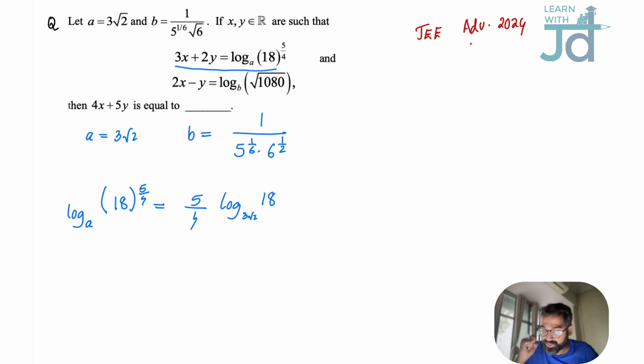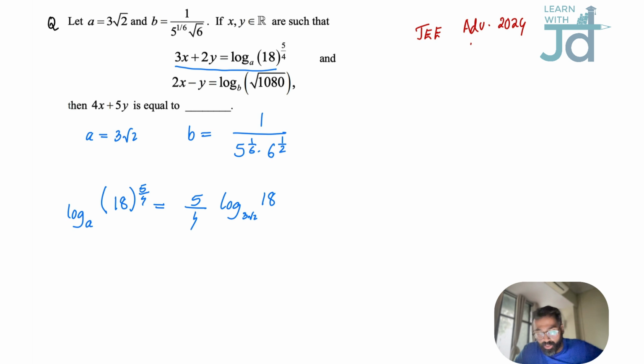Now you will have to think of a relation because you have to get this as a number. There is no other choice, otherwise you cannot solve this problem, otherwise the question is wrong. So we have to find a relation between this base and this number. Some power should come into existence.